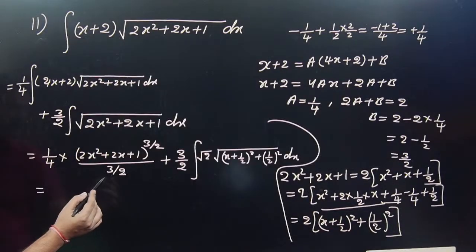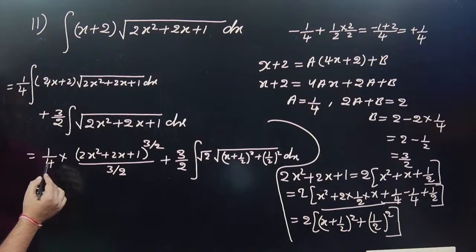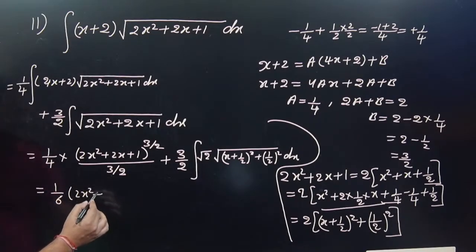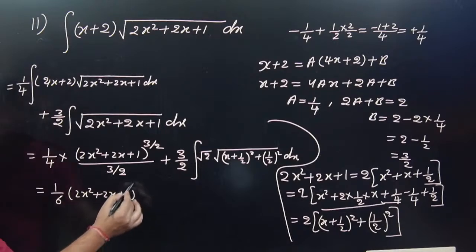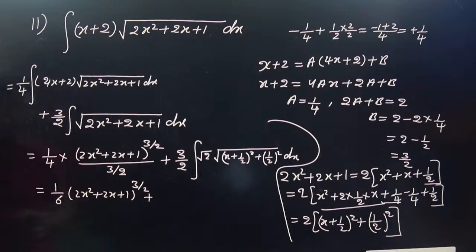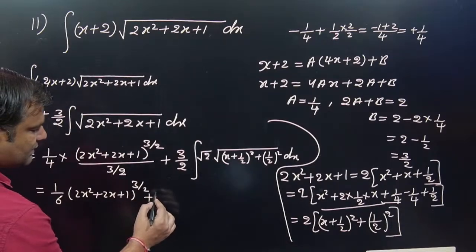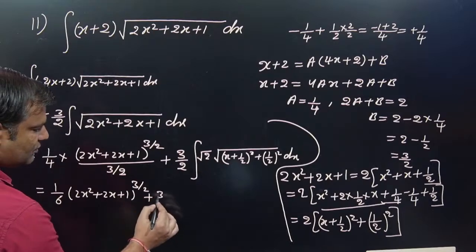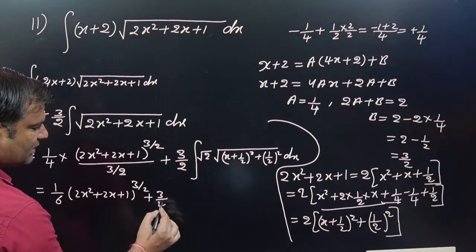Basically look here very carefully, here 3 by 2, here 3 by 2, so you can say that 1 by 2 into 3, that is 6. That is 6 into 2x square plus 2x plus 1 to the whole power 3 by 2 plus, what about that value, 3 into root 2 divided by 2, so basically 3 into 1 by 4 into root 2.